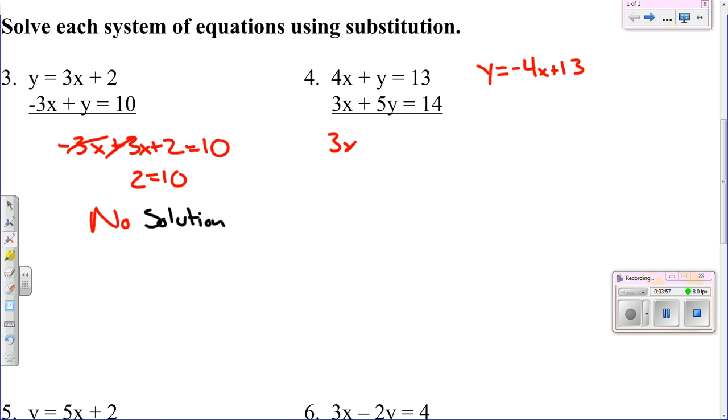So it's 3x minus 20x. And then 5 times 13 gives me 65 equals 14. That gives you negative 17x plus 65 equals 14.